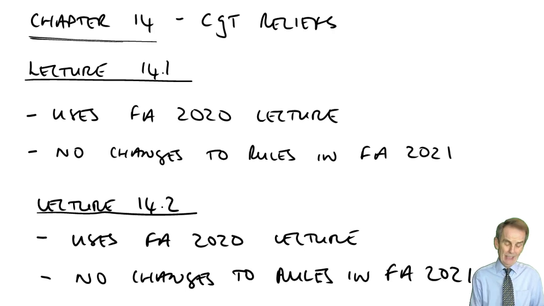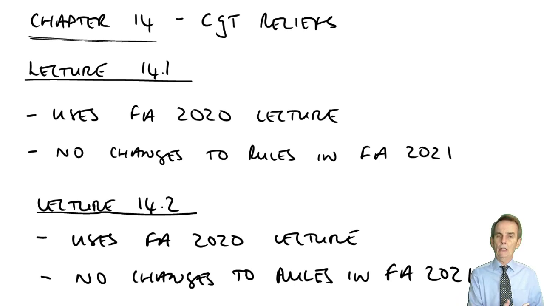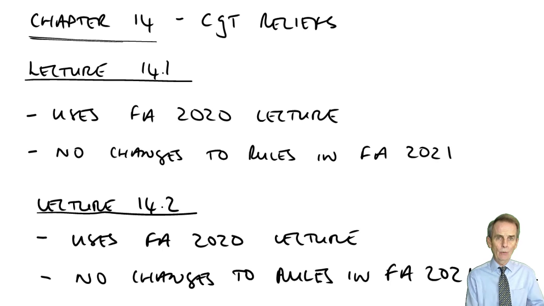It's not that Business Asset Disposal Relief is itself a very long relief to deal with, but what I also do in the Finance Act 2020 lecture that you're about to see is to discuss the whole range of different reliefs that exist. Reliefs apply in different ways. They all have an eventual outcome, and that is that they will reduce the CGT liability for the tax year in which disposals eligible for these reliefs occur.